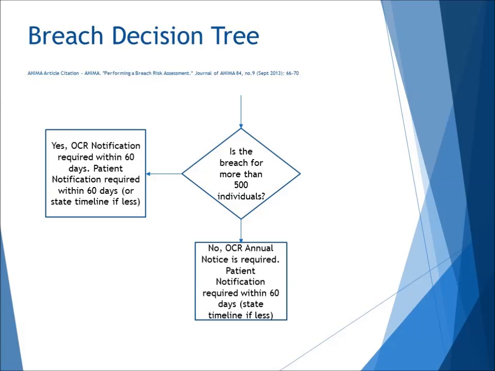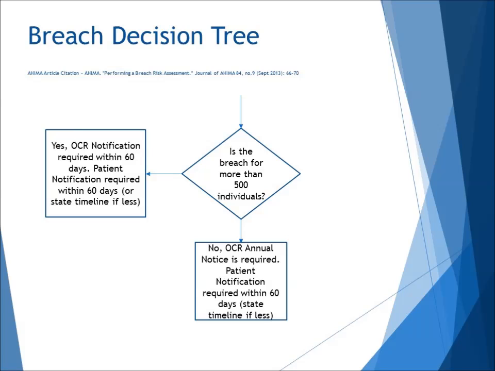All right, so our last step that we had looked at in the process was that we had answered no, that there was a high probability. So there was no low probability; we've done our assessment and we have found that there was a high probability that this was accessed and potentially redisclosed, and it is truly a breach.